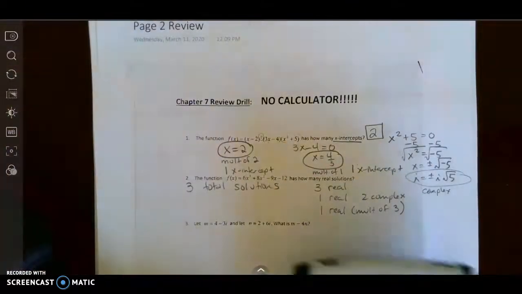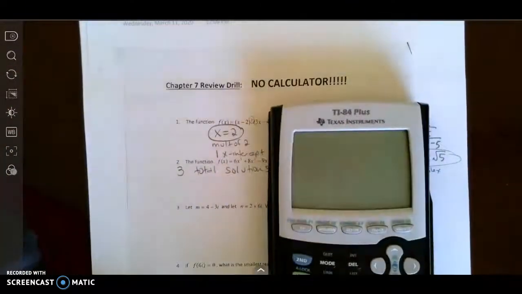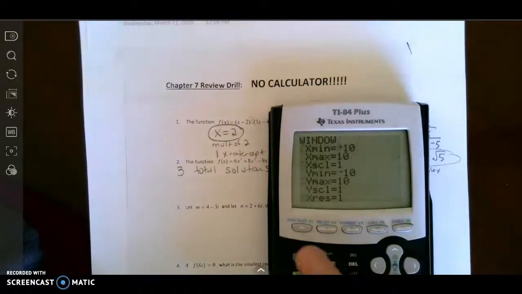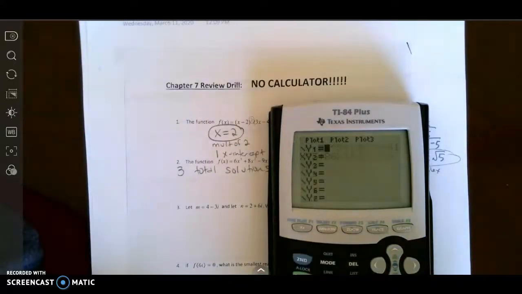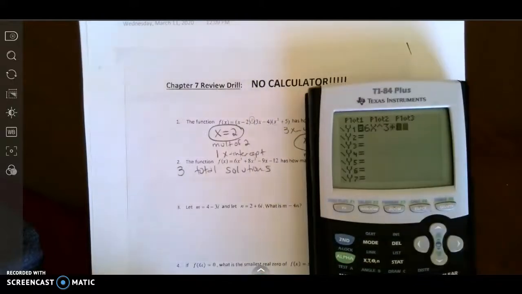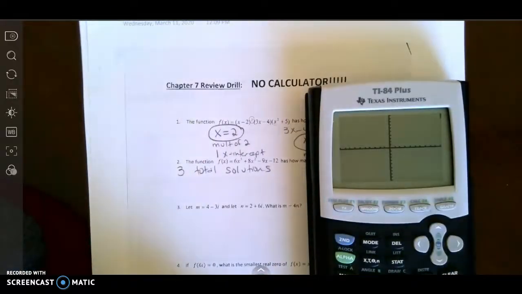Let's see what I get. So I'm going to go ahead and make sure I've got a standard window. I'm going to put this equation in: 6x to the third plus 8x squared minus 9x minus 12. I'm going to graph it.